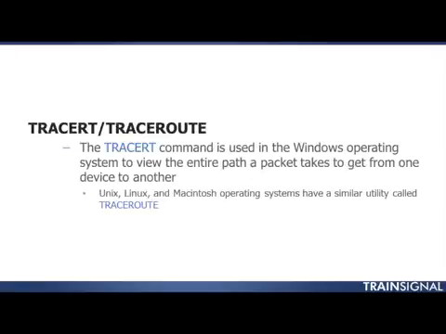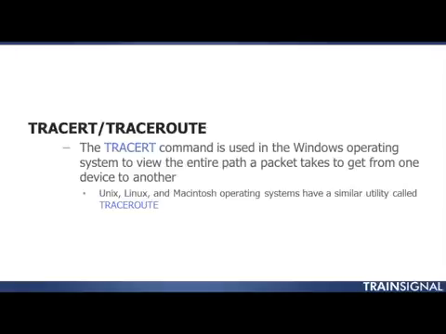Now the tracert command is what we would use in Windows, whereas the full spelled out traceroute command is what you would see in the other operating environments like Unix, Linux, and Macintosh. Now what does this command do? Well, basically it will lay out the full path that is being taken from point A to point Z.